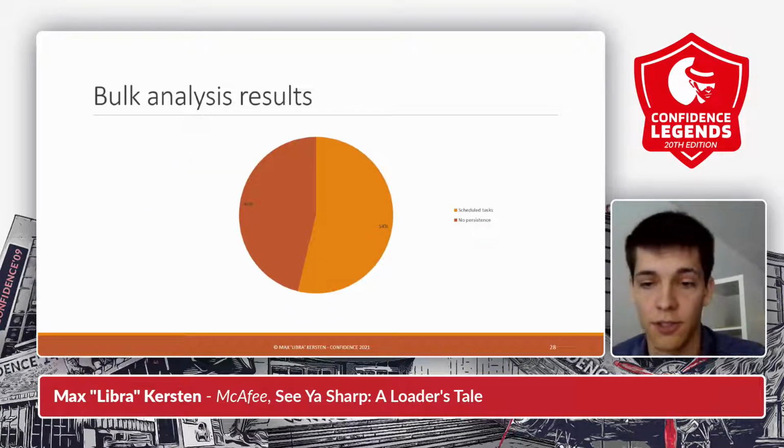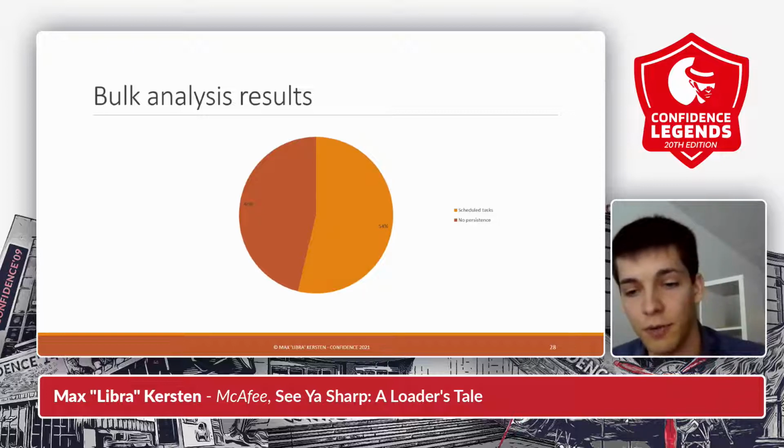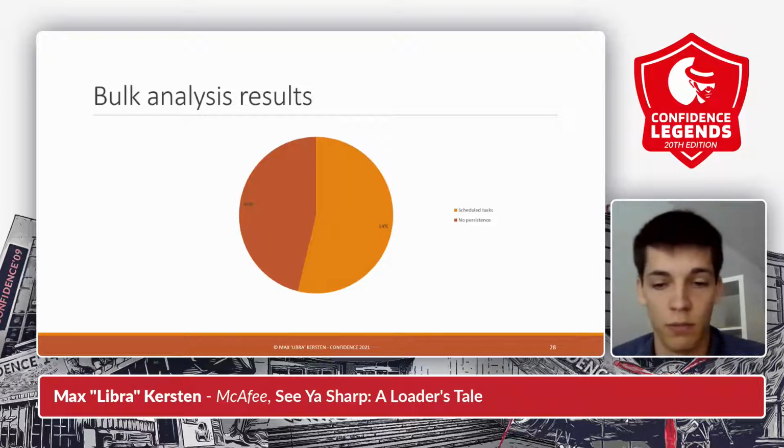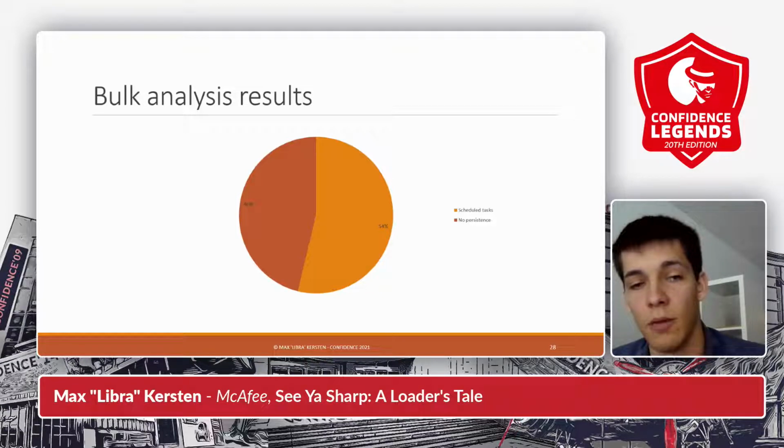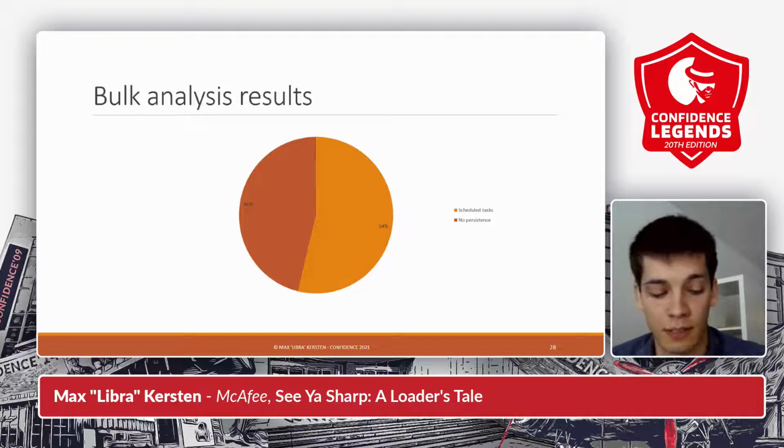The scheduled tasks are interesting to see as well, because roughly half, or 54%, of the loaders used persistence, whereas the other half didn't.